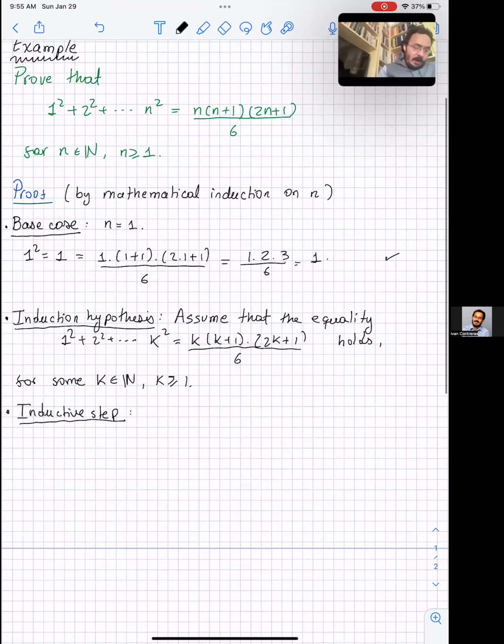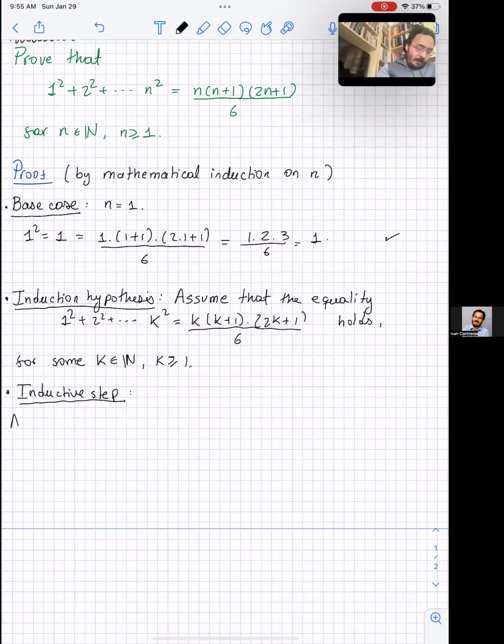The inductive step is adding k plus 1 squared, because that's the jump that we want to do. We want to jump from the k wagon to the k plus 1 wagon using logical and correct mathematical steps. You can add the same quantity to both sides of an equality, and it's still going to be a correct statement. So, adding k plus 1 squared to both sides of the equation.